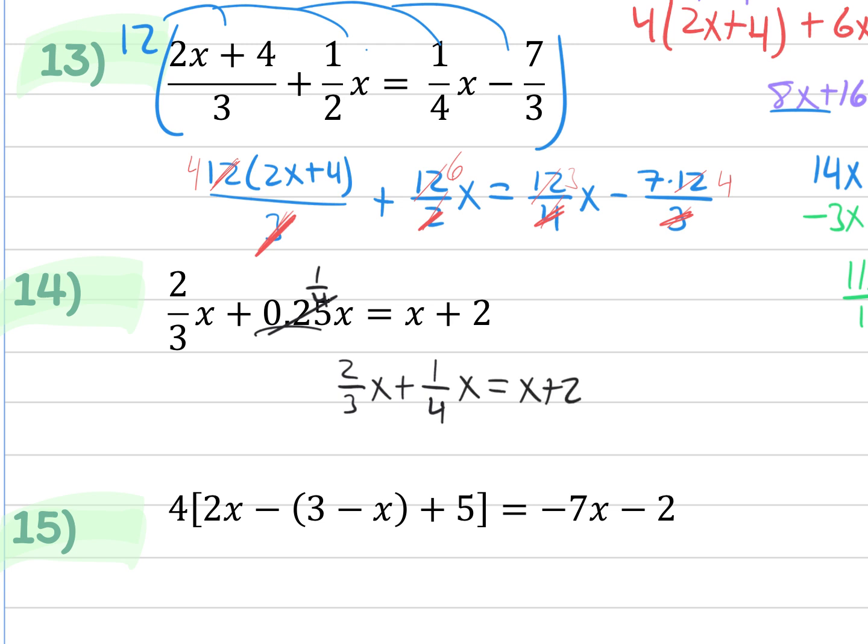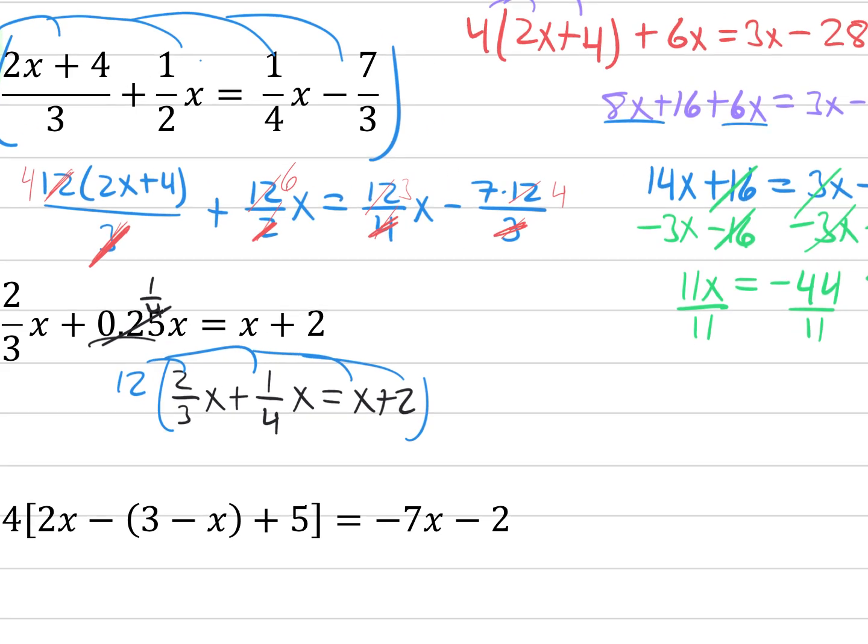Then we can solve this the same way that we solved the last problem. Find the least common multiple of the denominators here, between 3 and 4. Coincidentally, it's the same as the last problem: between 3 and 4, we have a least common multiple of 12. So let's multiply this entire equation by 12 and distribute 12 to everything.